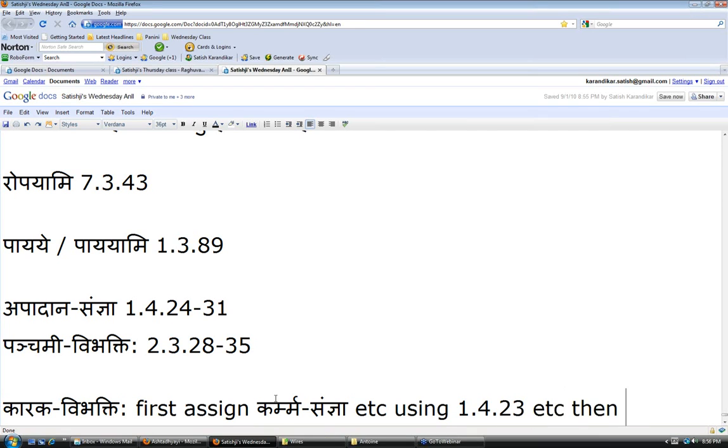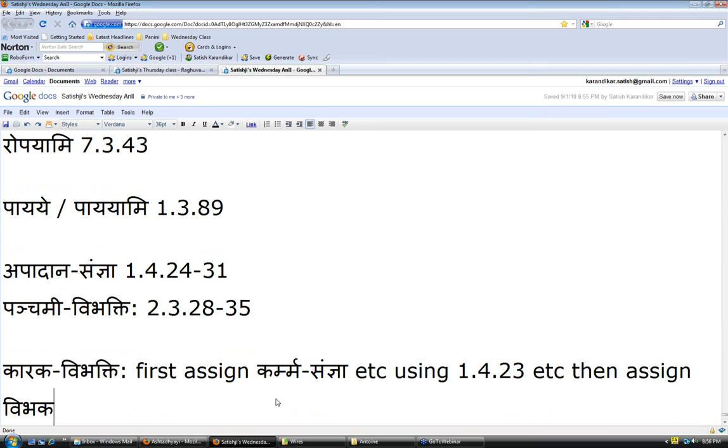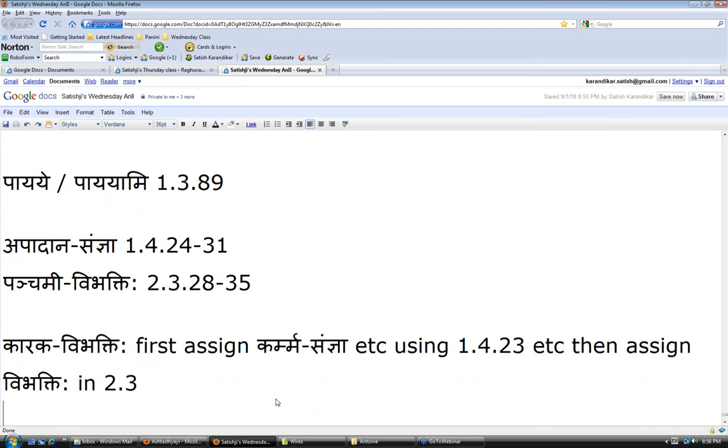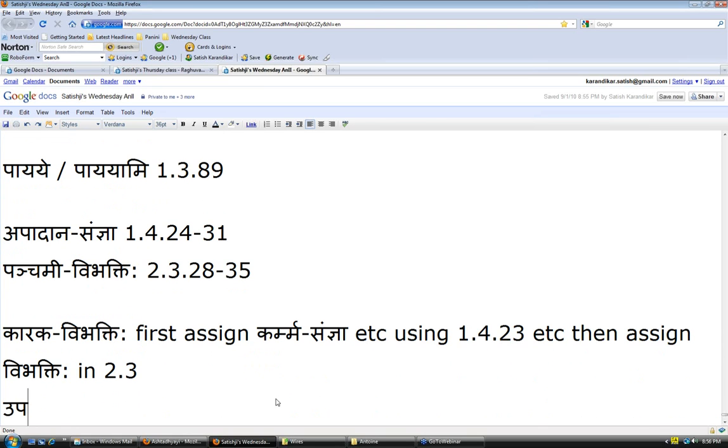Then you come to assign Vibhakti from 2.3. While for Upapada Vibhakti, you directly go to the second step: you assign Vibhakti directly in 2.3.